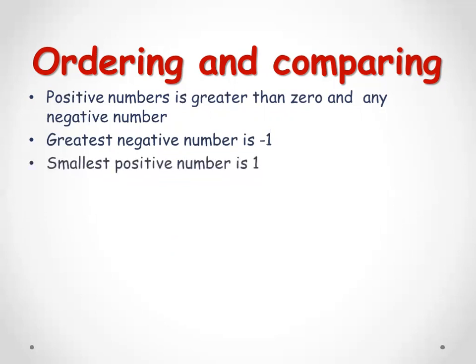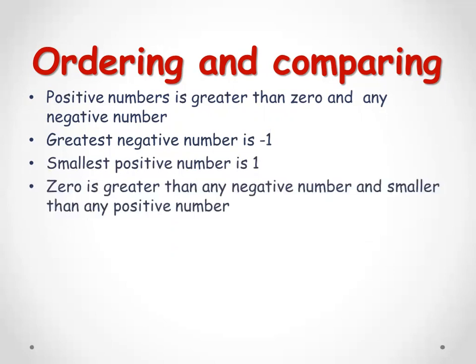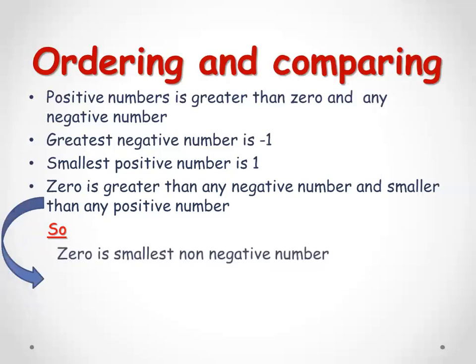Smallest positive number is 1. 0 is greater than any negative number and smaller than any positive number. 0 is between negatives and positive, and it's greater than any negative and smaller than any positive. So 0 is the smallest non-negative number. Non-negative means positives and 0.